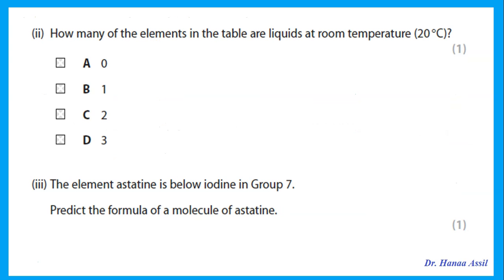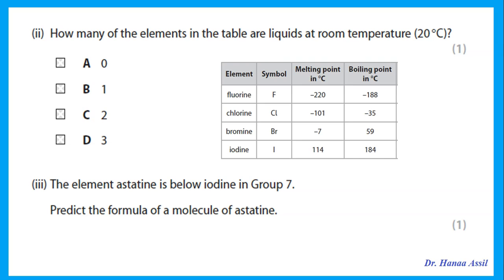How many of the elements in the table are liquids at room temperature? To be liquid at room temperature, it should have a low melting point and a high boiling point. You should know anyway that fluorine and chlorine are gases.